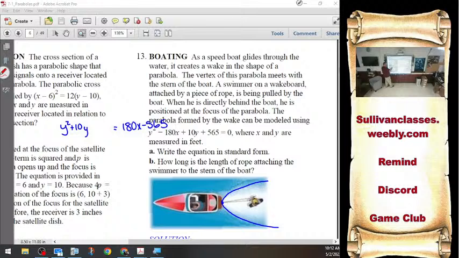Half of 10 is 5. 5 squared is 25, plus 25, making that 540, which comes out as 180x minus 3, right? And this side as a binomial squared, y plus 5, the quantity squared.